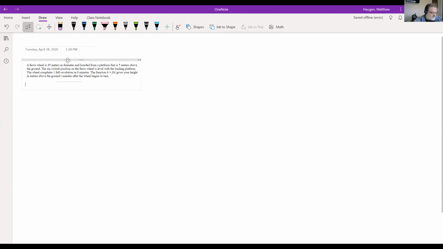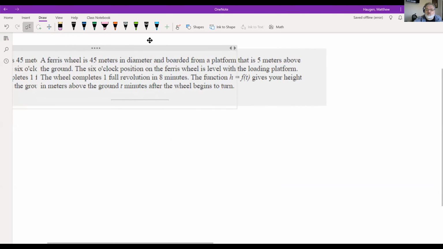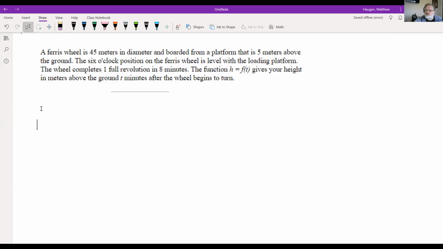That is why I want to use this software. Okay, so you want to build a function that models this scenario. Yeah, it says the function f of t gives the height, but your job is to build that function.